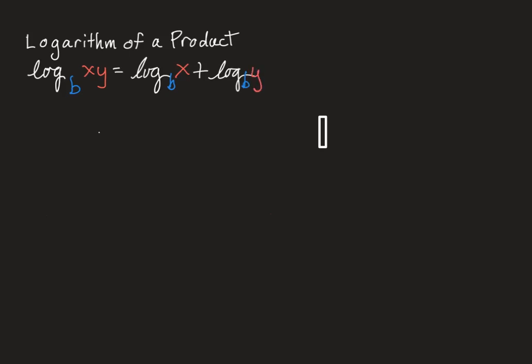Let's see an example of this in action. If you were given the log base 3 of 20 and you wanted to do some manipulation of that, this could be rewritten as, let me use the color coding that I've been using. There's the base, and 20 is actually the product of 4 and 5.